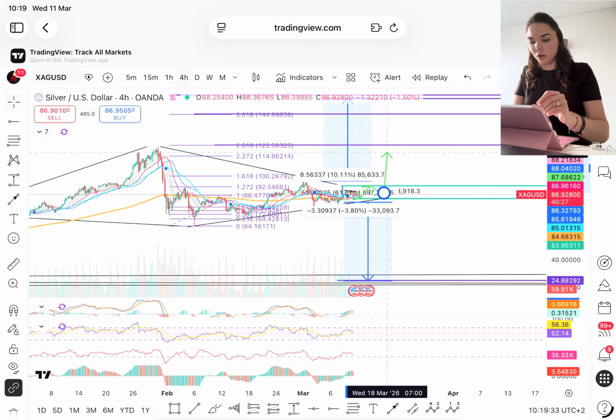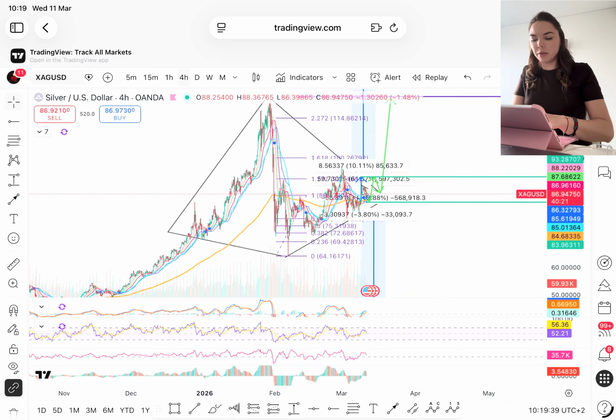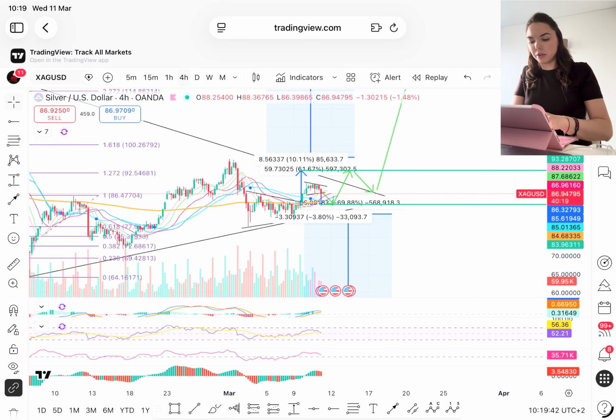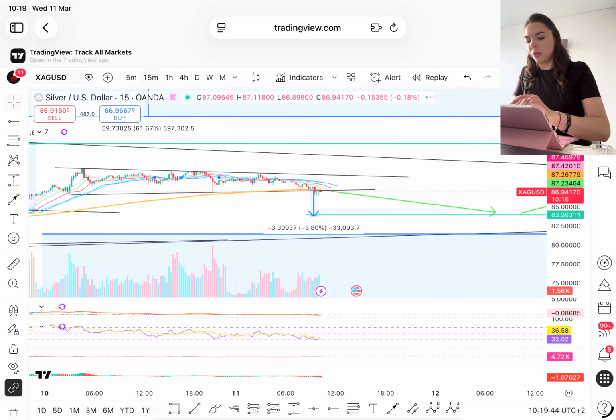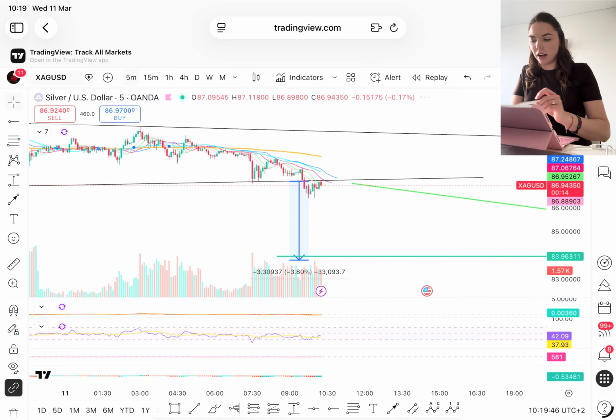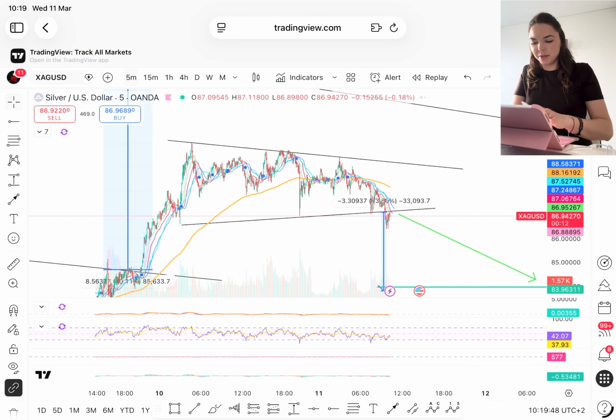But of course don't forget about the Fibo levels that we have, so it goes level by level, but overall it seems like it will go up more and more. And let me see, I think I can do a trade now.